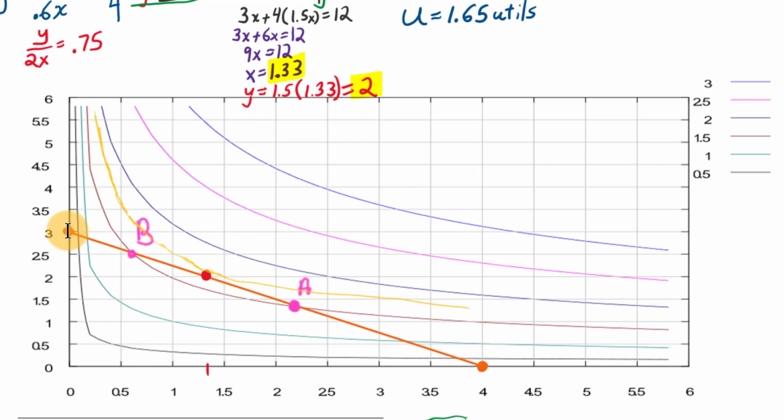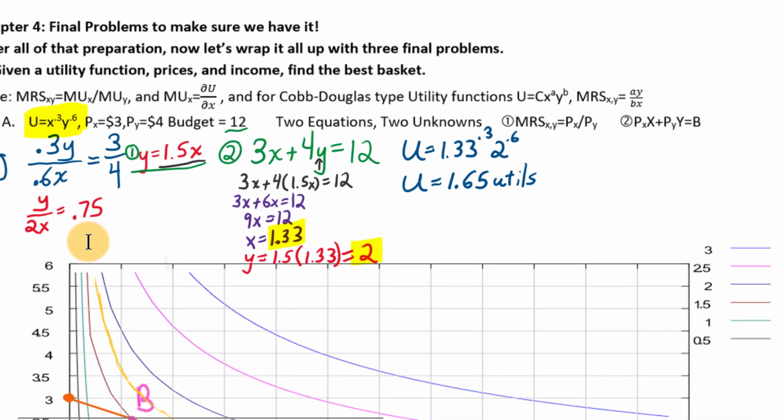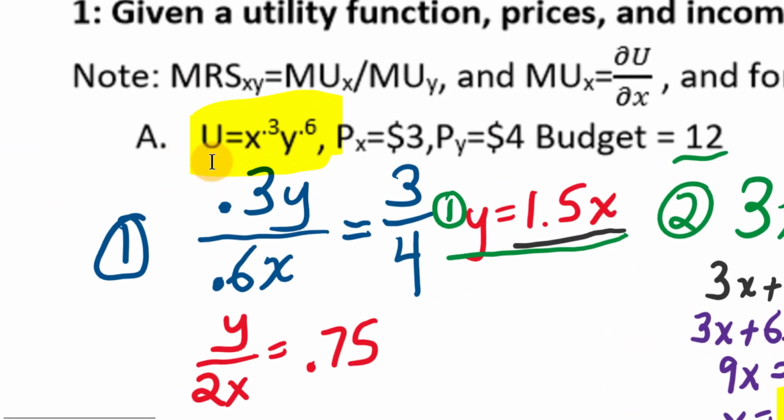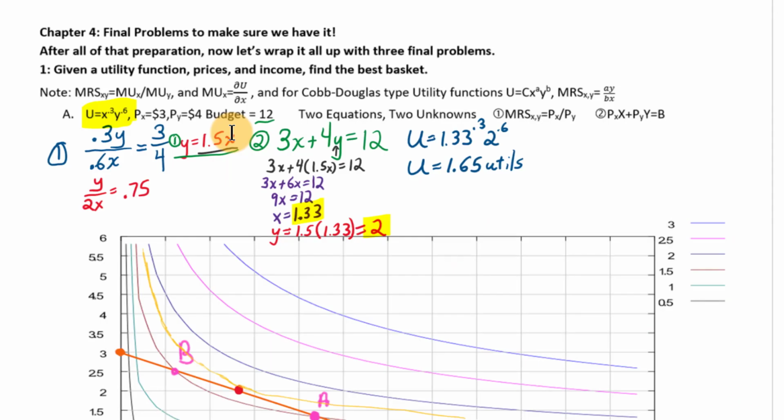If we bought 3 y's and 0 x's, we'd end up with no utility because a Cobb-Douglas utility function is multiplicative. If you put in 0 for either of these, you're getting no utility, and that cannot be where you maximize your utility. So that wraps up this chapter 4 discussion.